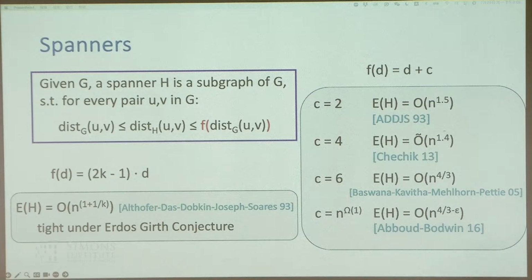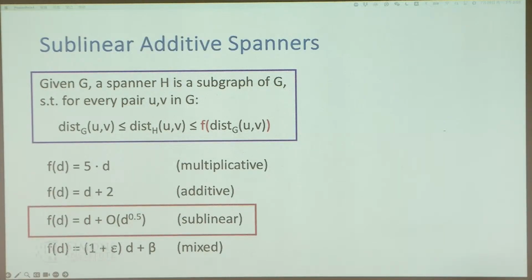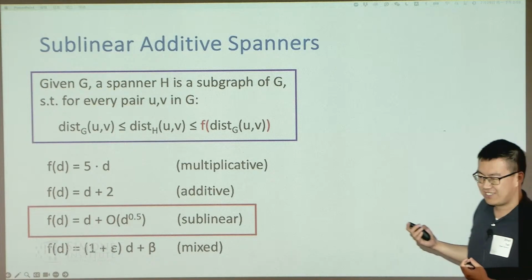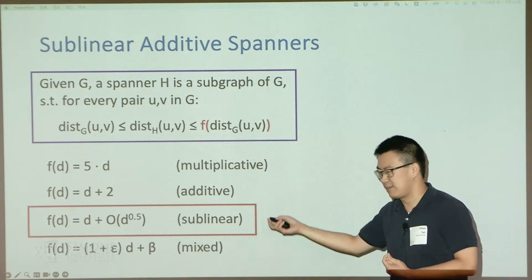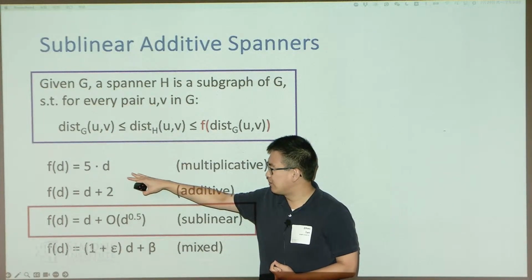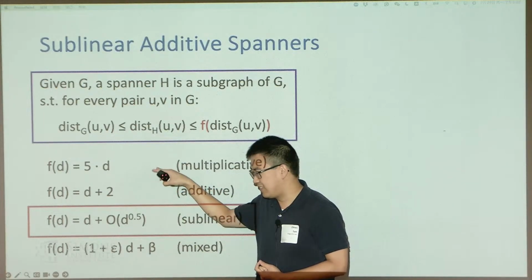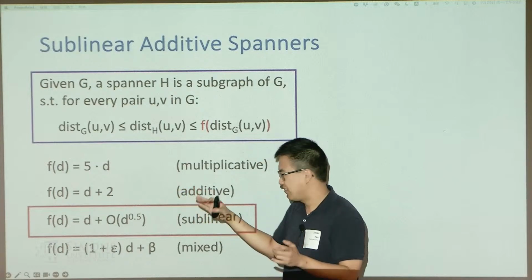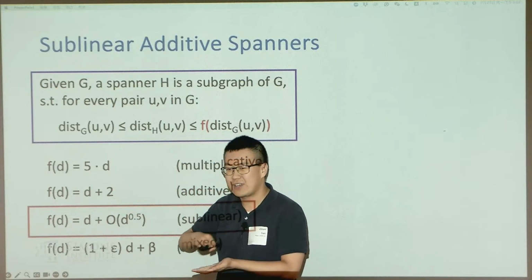What does this have to do with sublinear? I think the interaction of this talk and the general theme of the workshop is slightly different from others, as we're not considering sublinear space or time or query. We're considering sublinear stretch, so for the accuracy, we put some sublinear function in it. Multiplicative ones allow +4d, +6d, very large error, and +2, +4 is a very small constant.